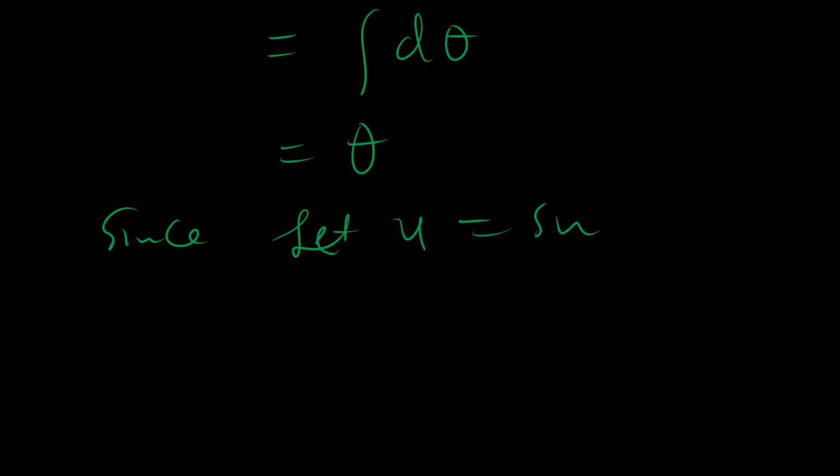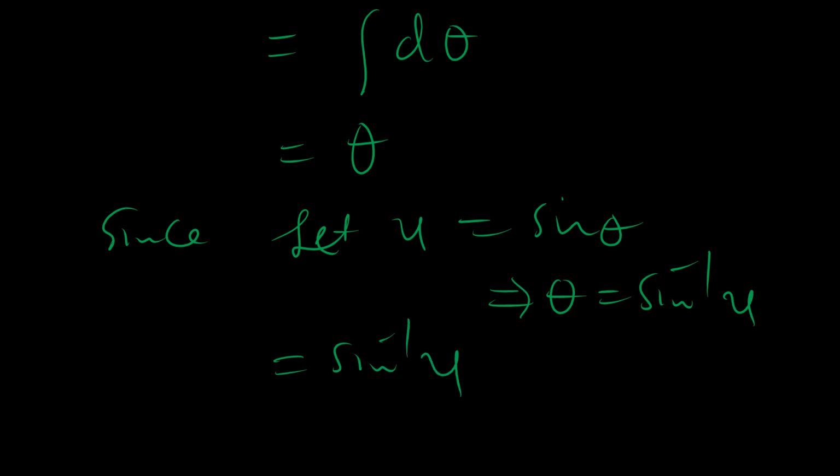So now we have the integral of 1, which is theta, but since we said let u be equal to sine theta, that means that theta is equal to arc sine of u. So this is arc sine of u.